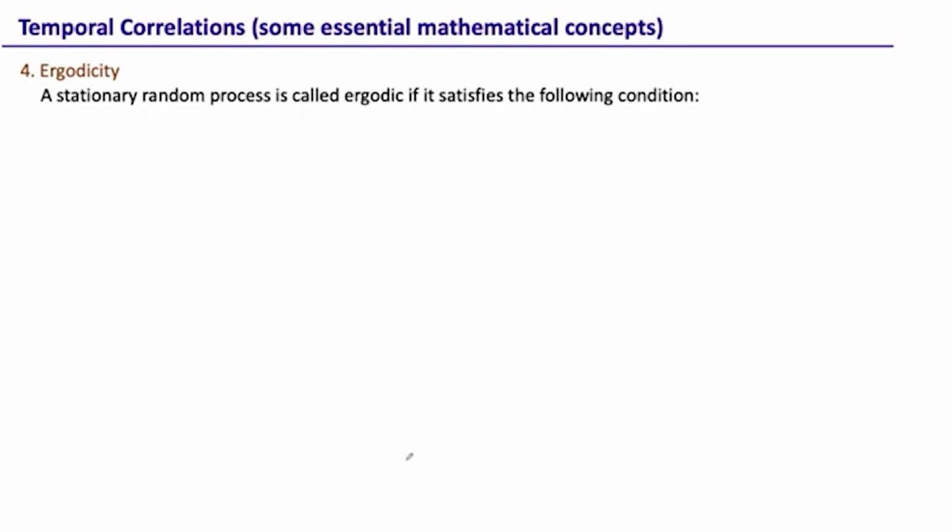Now, a stationary random process is called ergodic if it satisfies the following condition. Since it's stationary, gamma will depend only on tau.